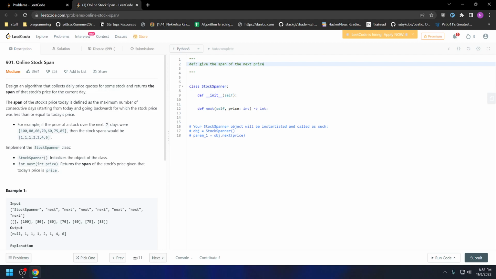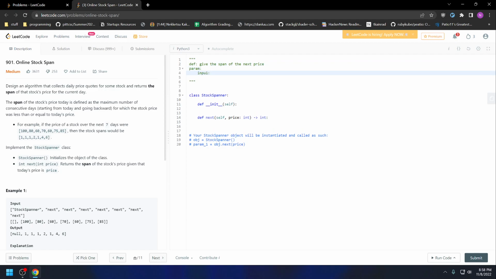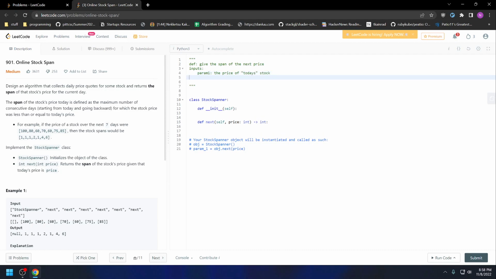Your only input parameter is the price of today's stock quote. Output: we're going to return the span of today's stock, saving prior stock price information.